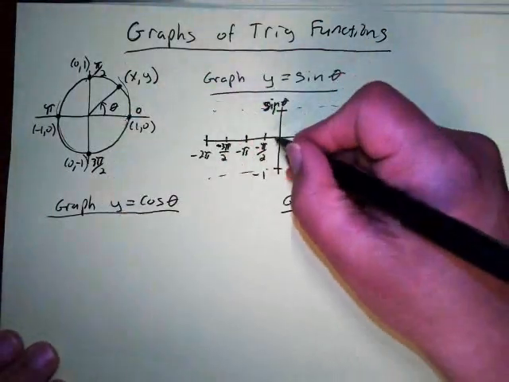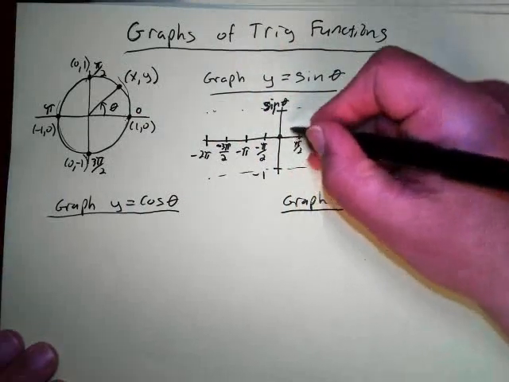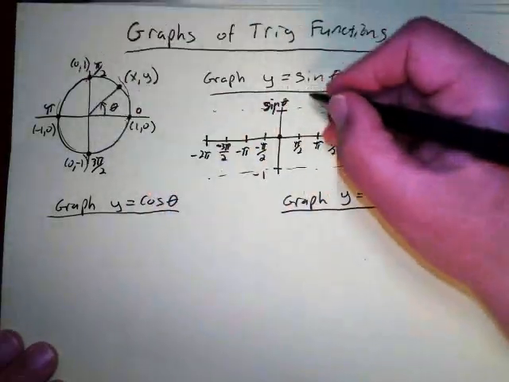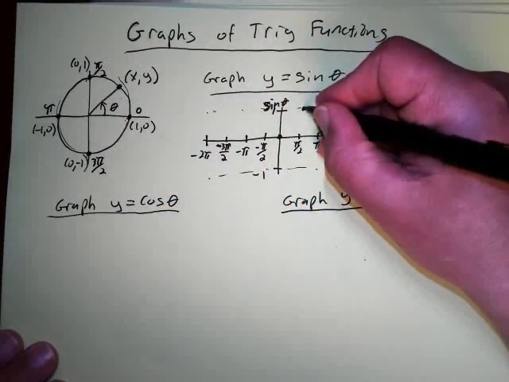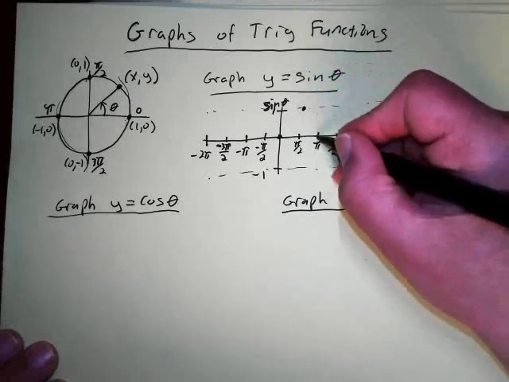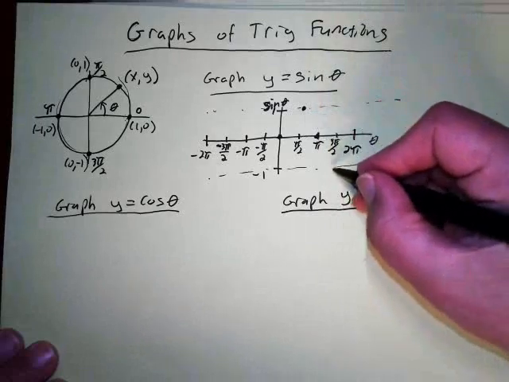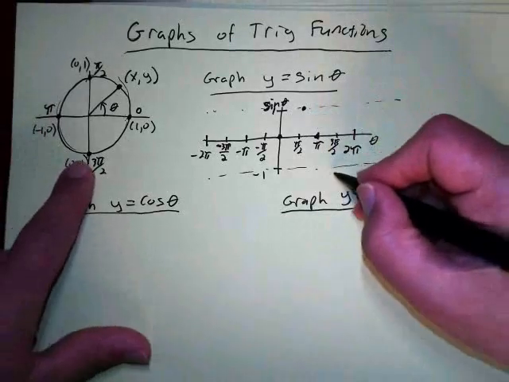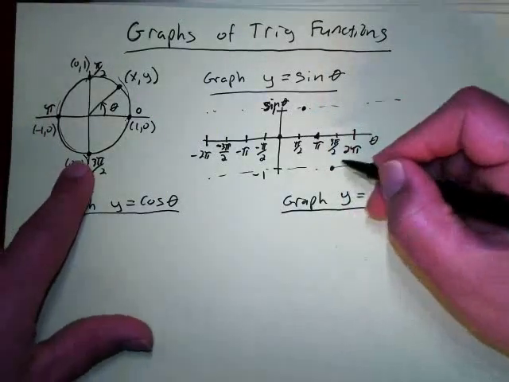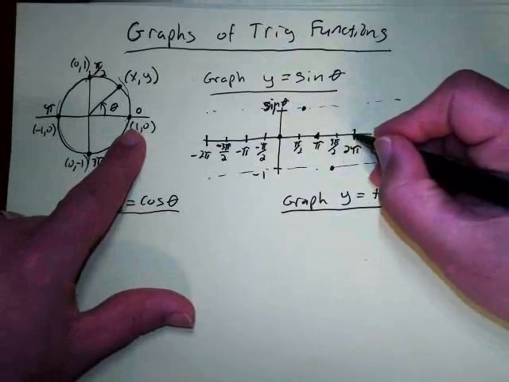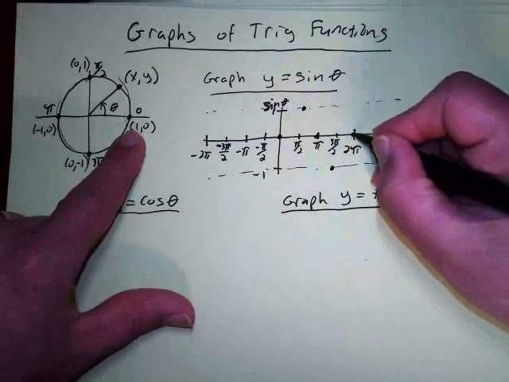The sine starts at 0, and by the end of the first quadrant, 90 degrees, it's up at 1. Then it goes back down to 0 at pi, where the y-coordinate is 0. At 3 pi over 2, it goes down to negative 1, and when you get back to 2 pi, it goes back to 0.